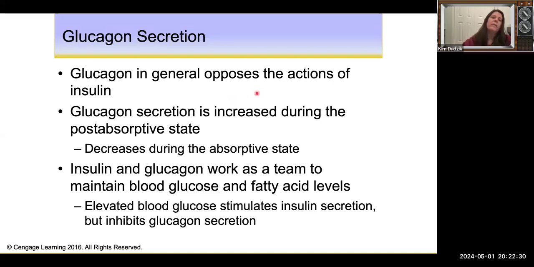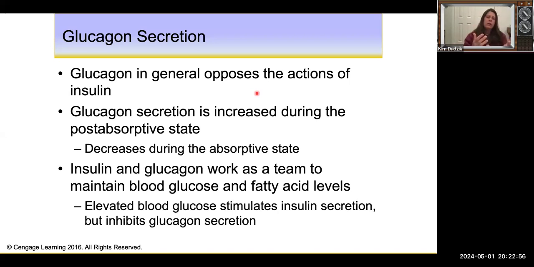Okay, so insulin secreted from the pancreatic beta cells lowers glucose. When glucose levels fall down toward the lower limit of homeostasis, that takes the signal off the beta cells, and beta cells will start to slow down their secretion of insulin.